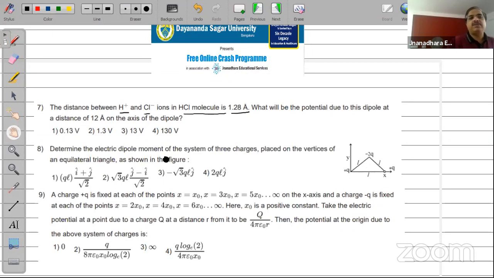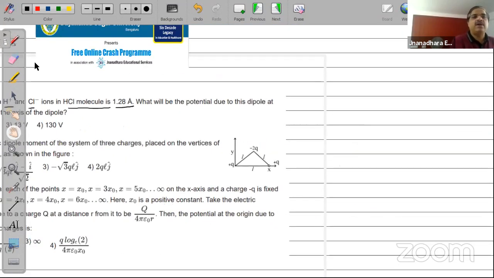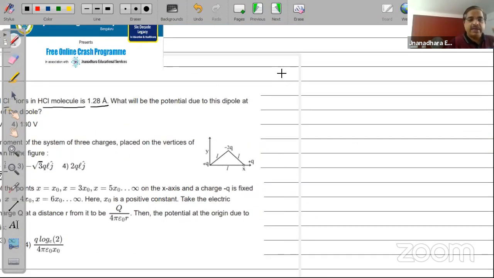Oh, this is something that I have not told you. Please, again, enter this in your data sheet or your synopsis, where the potential due to a dipole is completely missed. The potential due to a dipole is going to be Kp cos theta by r square.